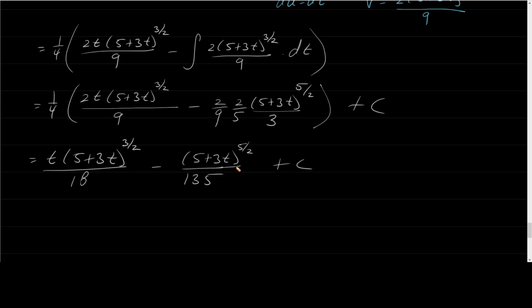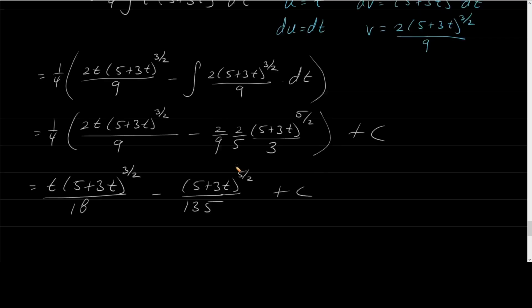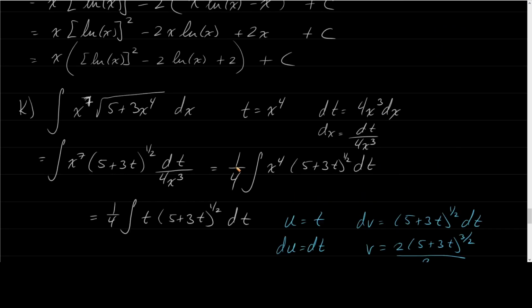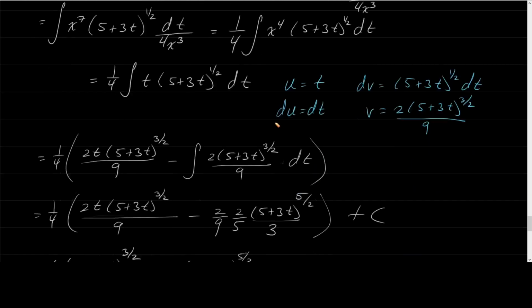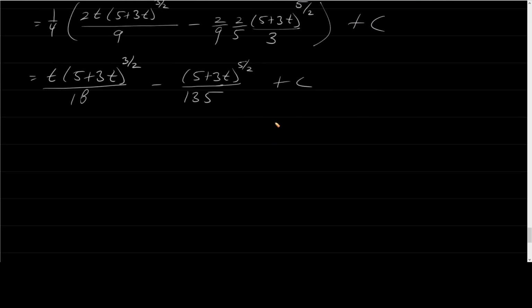The next thing I'm going to do there is, well, the problem wasn't about t. The problem was not about t. It was about x to the 4th, right? I started by making t be x to the 4th. So what I'm going to do here is plug that in there for t.